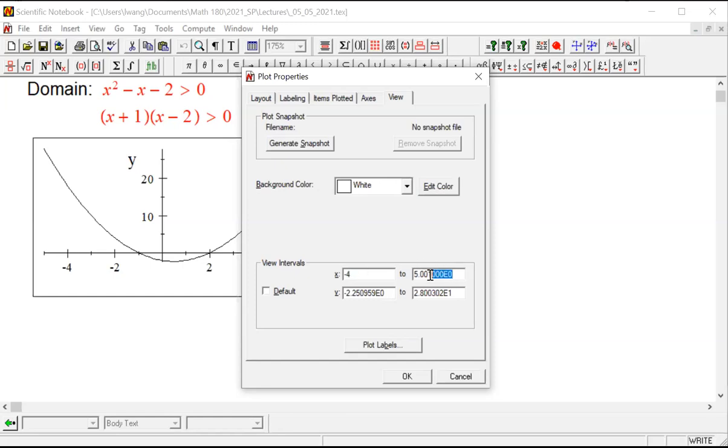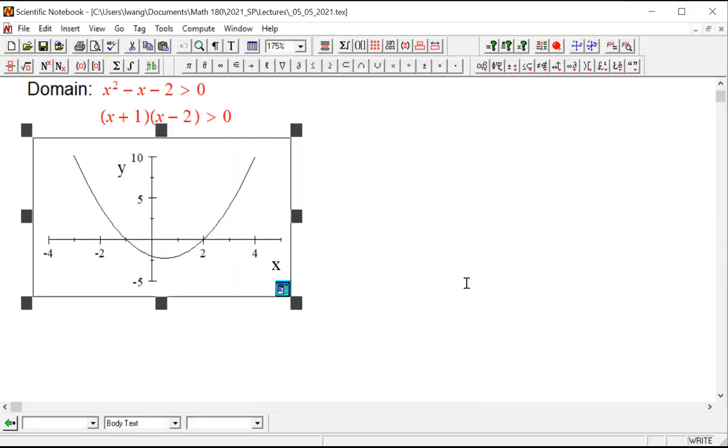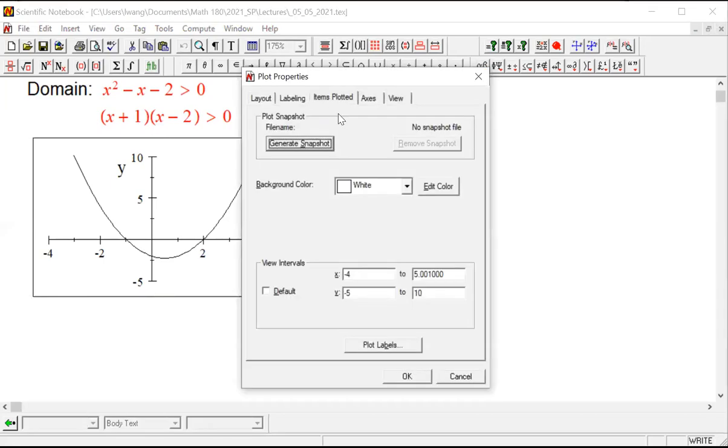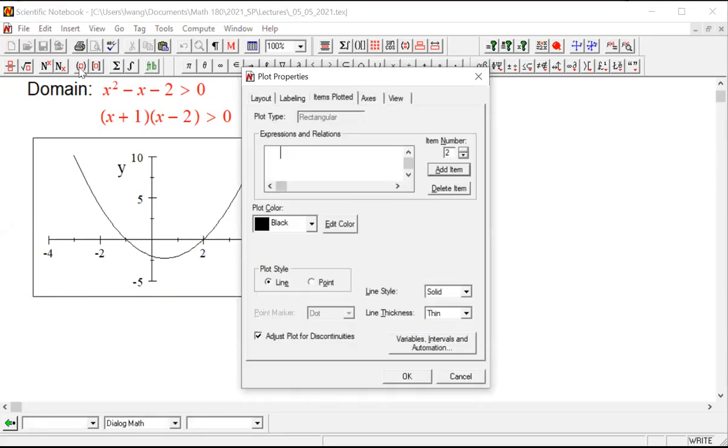Maybe this is going to be 5, this is -5, +10, something like that. And I understand that there are 2 points of intersection, and that's going to be a circle, right? -1, 0. That's the intercept. So I put a circle there, and there's another one, 2, 0.